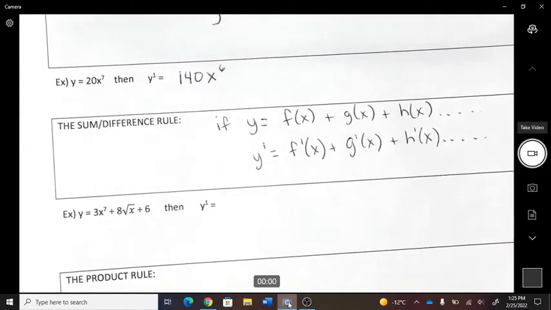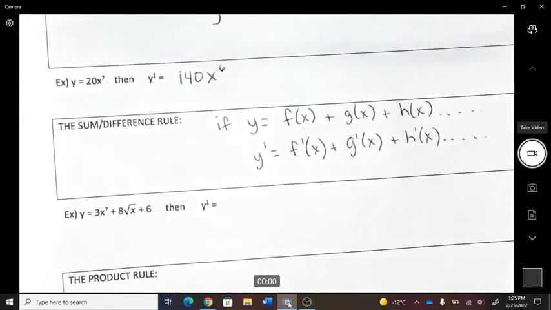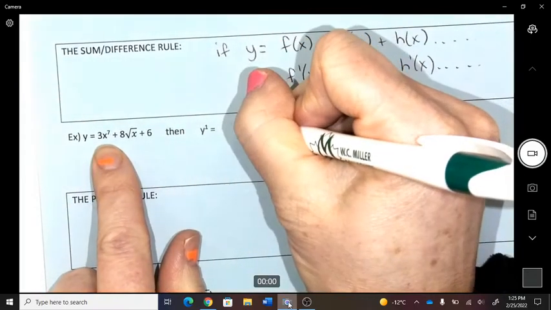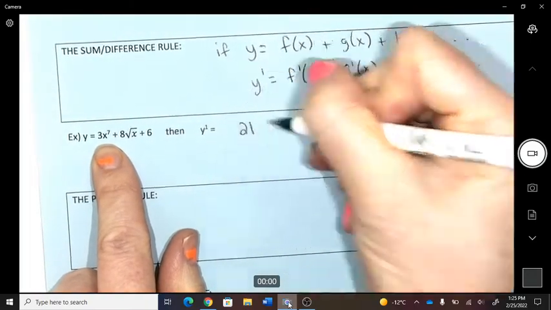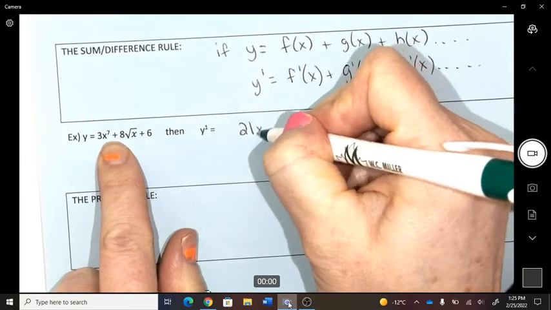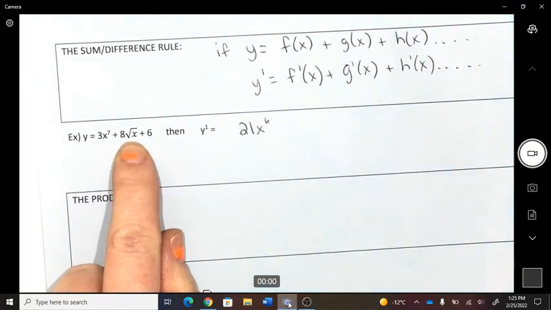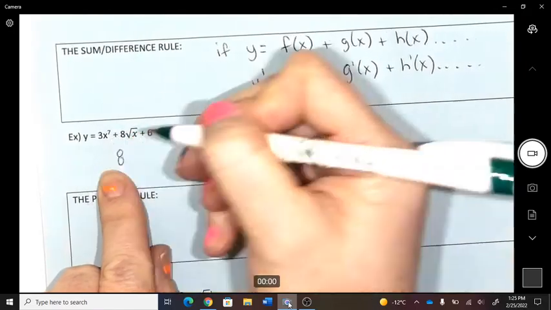Okay, so the derivative, if I have all of this, we've already done this, then our derivative is, what do we got? 21x to the 6th. Should we rewrite this one before we derive it? How would I change the root of x?